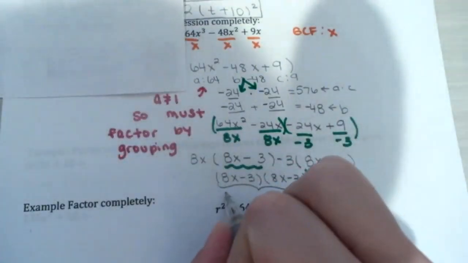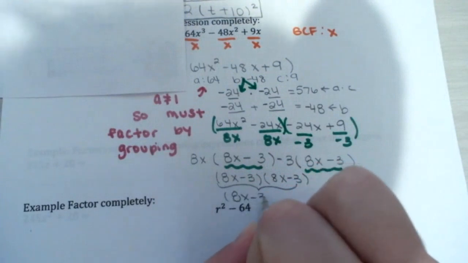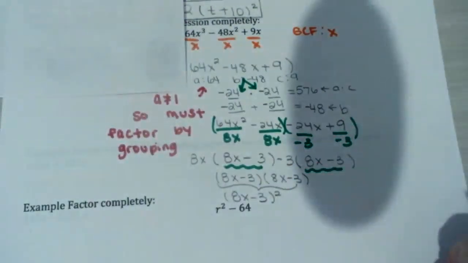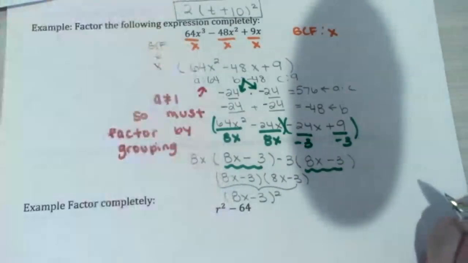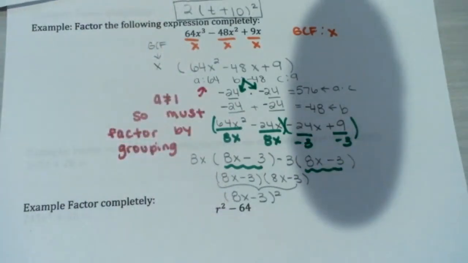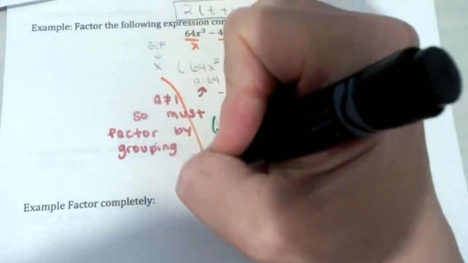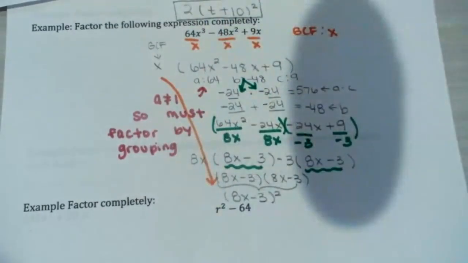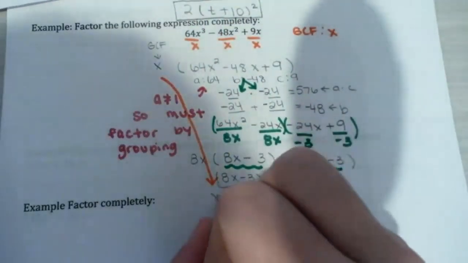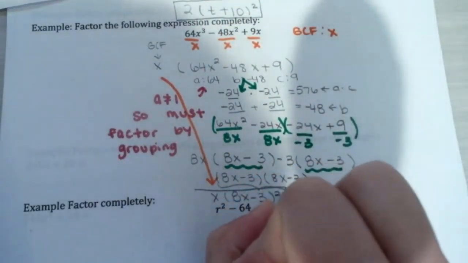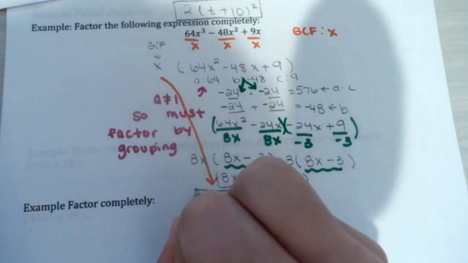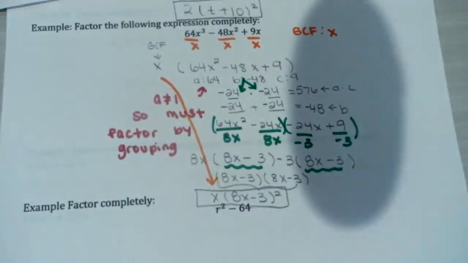Same thing twice, so we can write it as 8x minus 3 squared. But we're not done because remember we had that GCF we were covering out front. So don't forget to bring down that GCF of x. So now here are all of our factors. Here is our final answer: x times 8x minus 3 squared.